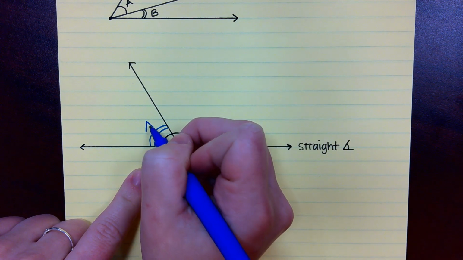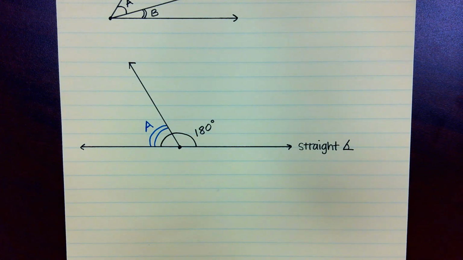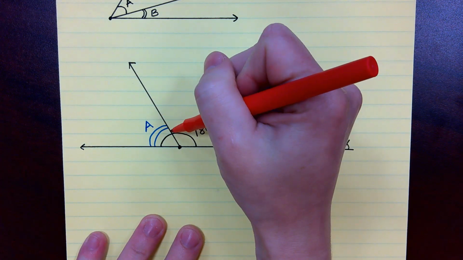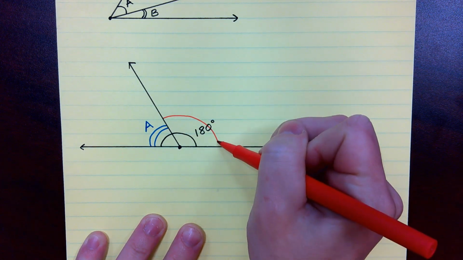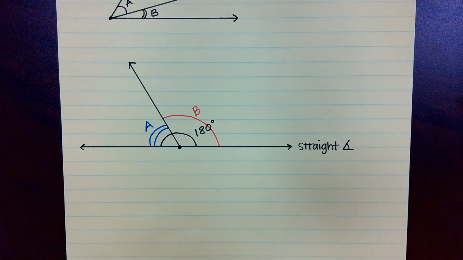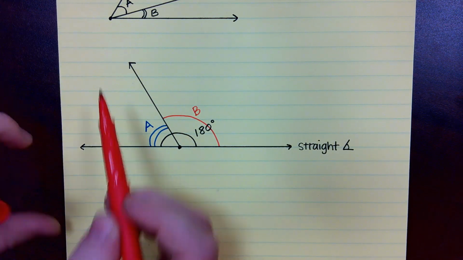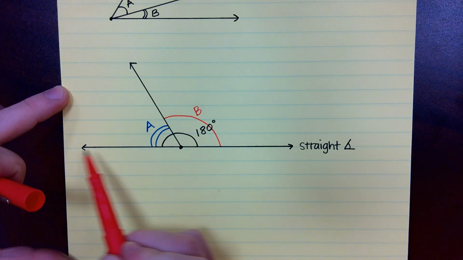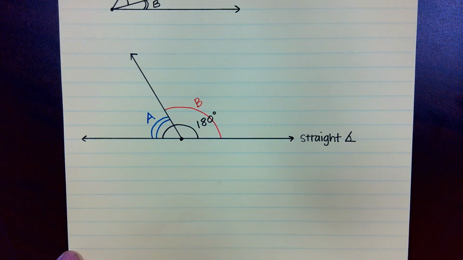Call this angle A. And just one arc over here. Call it angle B. So angle B refers to the larger one on my page. A is referring to the smaller one on my page.